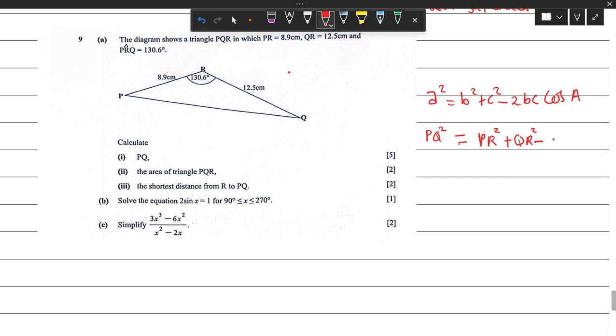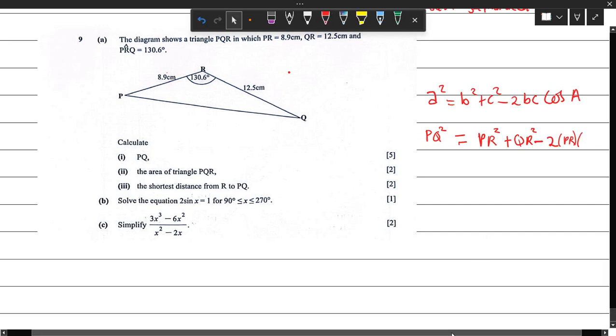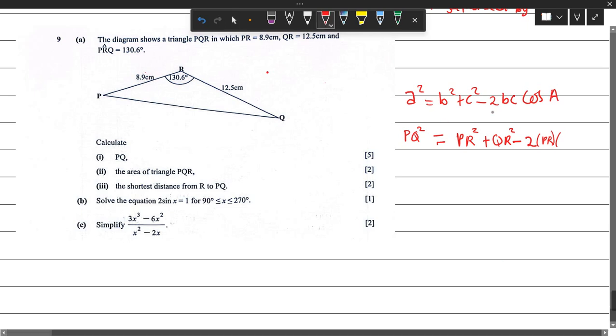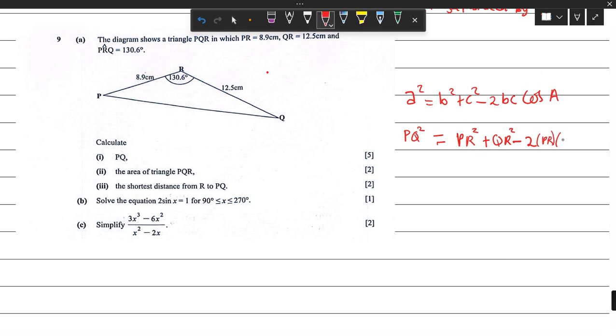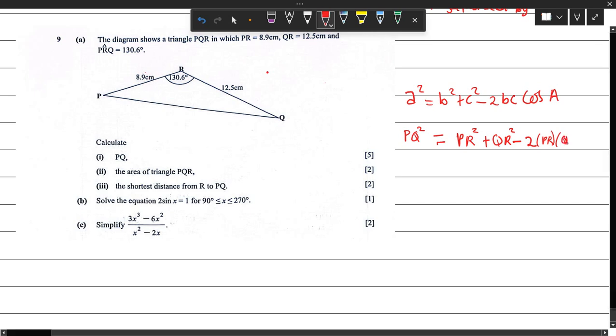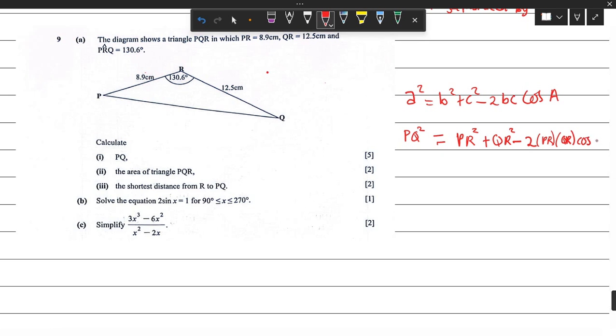Squared minus 2, PR and QR cos. If you know angles, the angle between PR and QR, PRQ, is at R. So we just say cos R. We rewrite it in a fashion that pleases the marker.